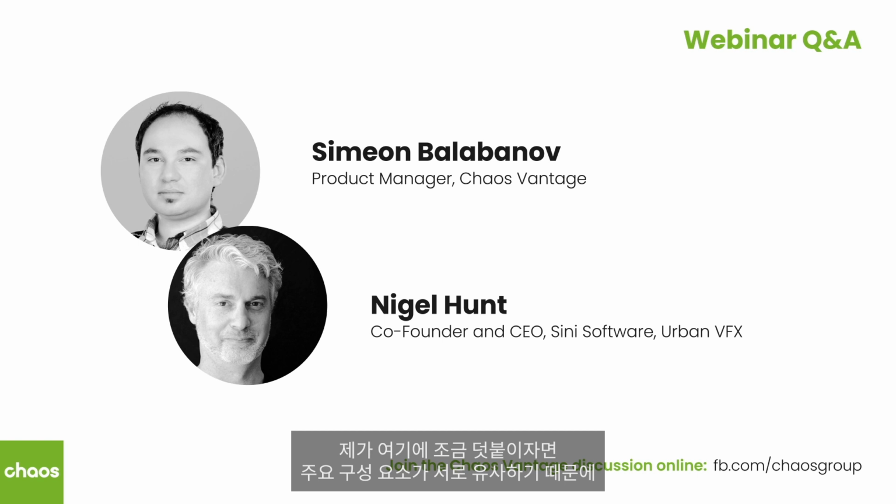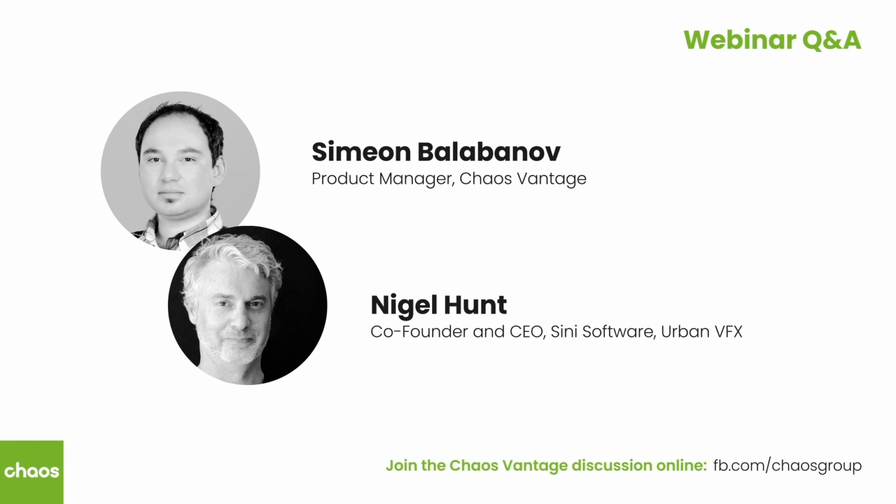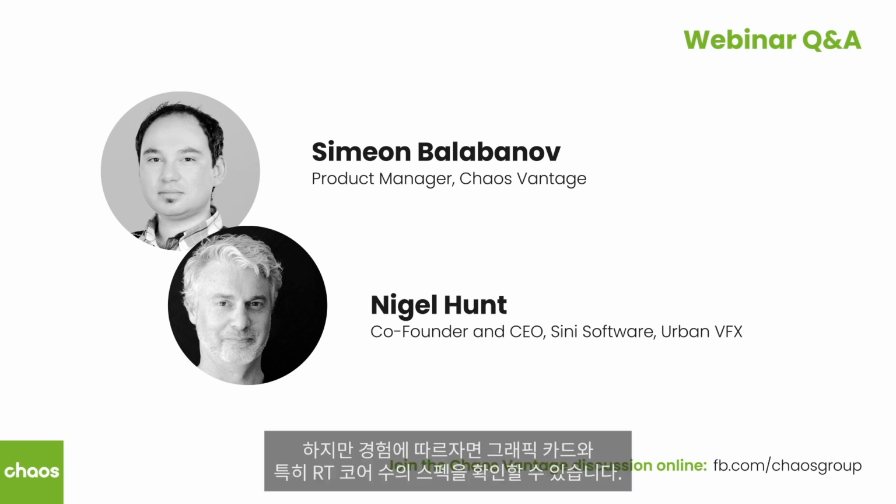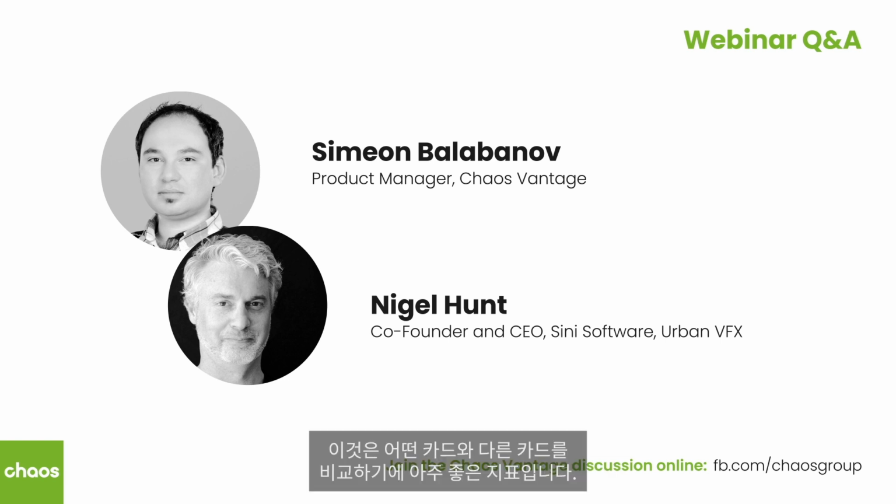I can just add a little bit on here. The main component actually answered the part of are the results similar. We don't have a clear comparison between exactly those 2 cards, but as a rule of thumb, you can check the specs of the graphics cards, and especially the RT cores count, and that is a pretty good indicator of how a card can be compared to another one.